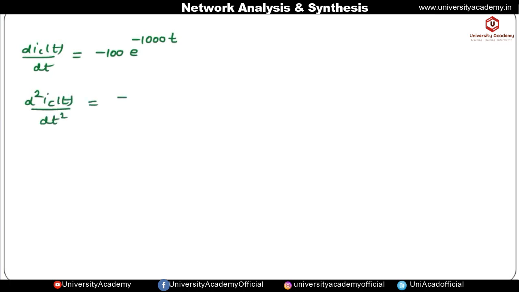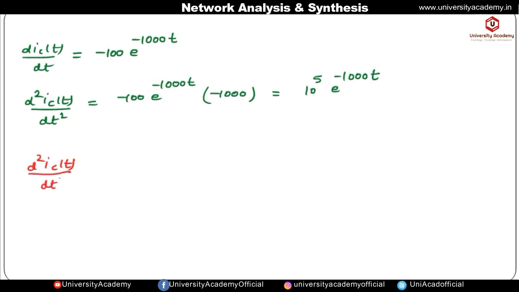Then we are getting minus 100 into e to the power minus 1000 t. The differentiation of minus 1000 t is minus 1000. So this will be equal to 10 to the power 5 e to the power minus 1000 t. We have to find d square Ic by dt square at t equal to 0 positive.